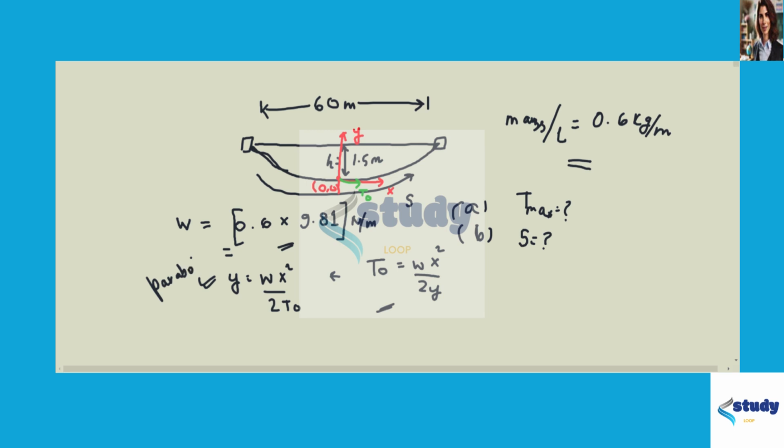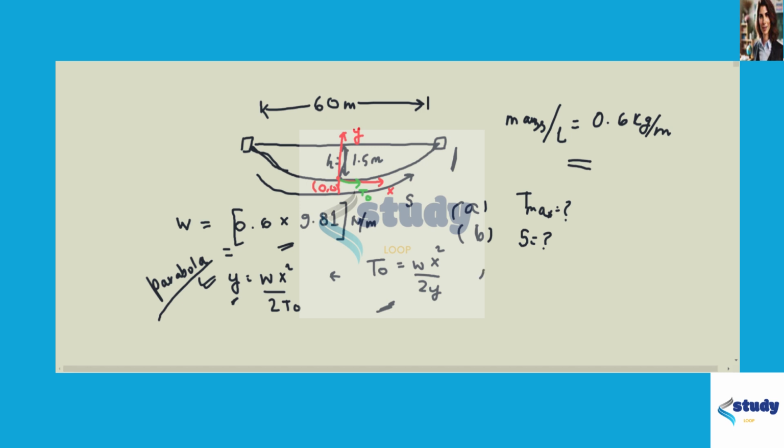We can see that the shape of our cable is a parabola, and that's why it relates the height y and x, the distance from this origin. Y is this height.